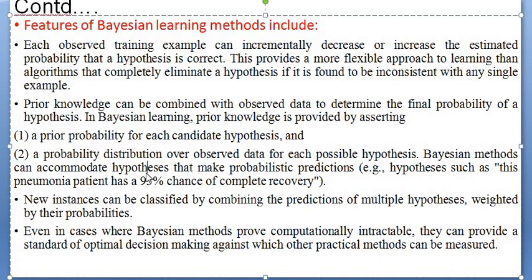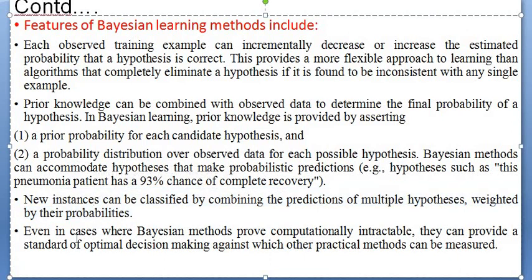Nowadays many hypotheses or data can be given to this naive-Bayes classifier, and it classifies them correctly. Recently the US and UK are also using it for COVID-19 cases, to predict whether there is a chance of recovery or not. They are applying machine learning techniques all over the world. New instances can be classified by combining the predictions of multiple hypotheses weighted by their probabilities.